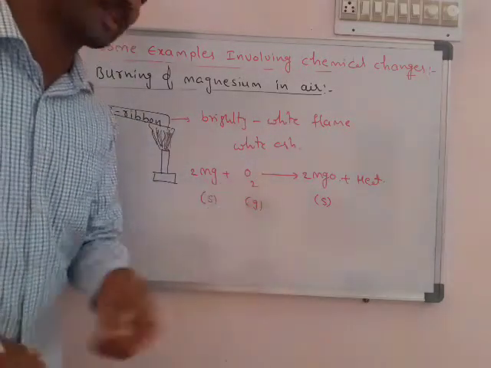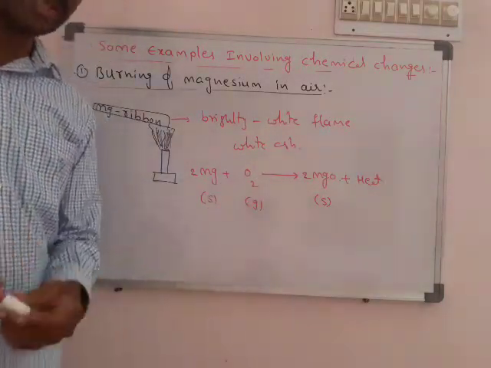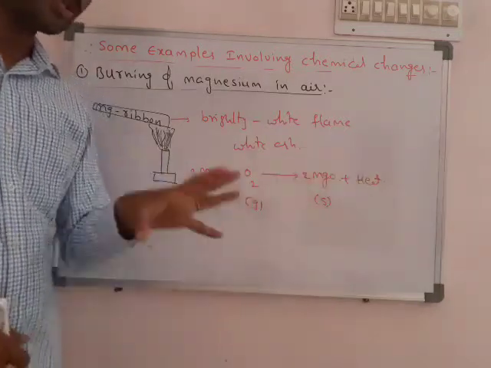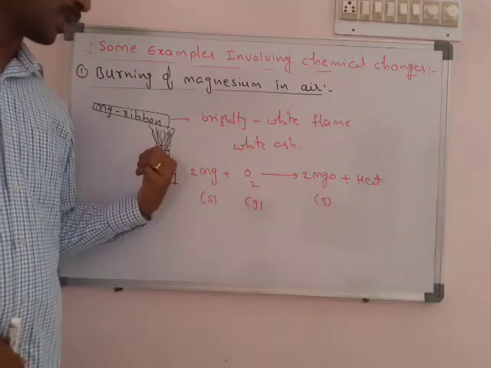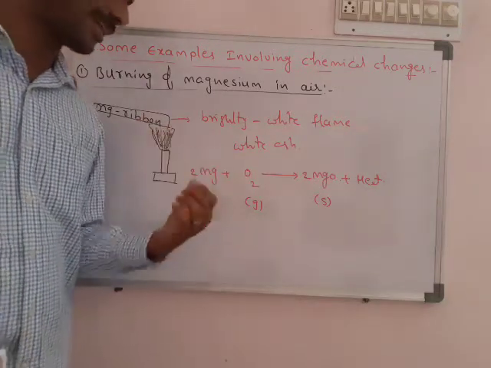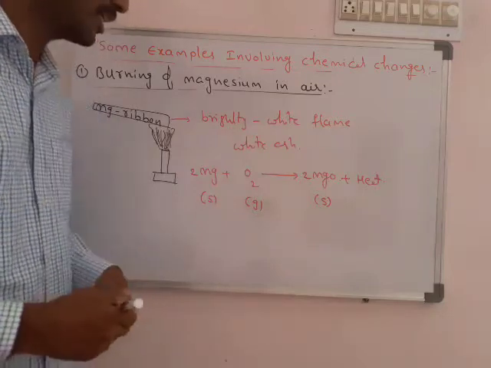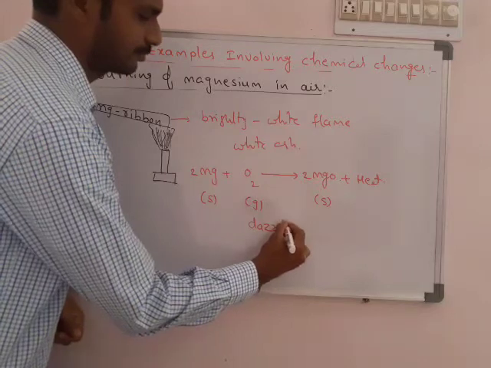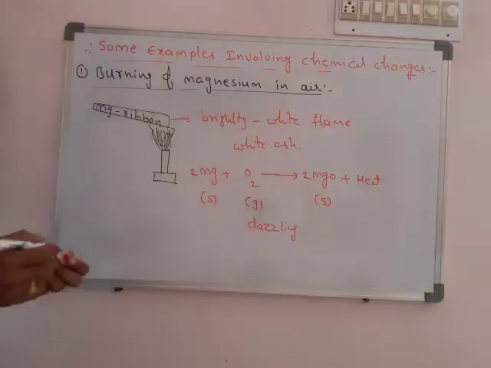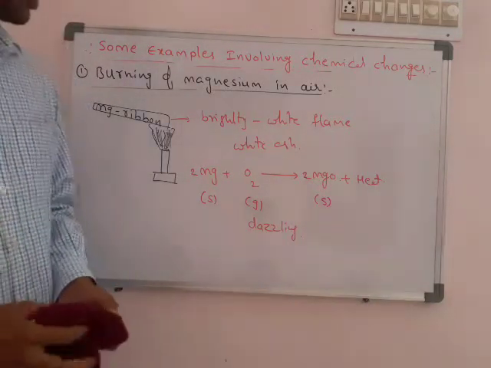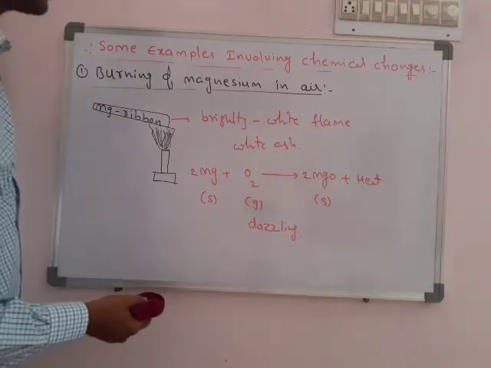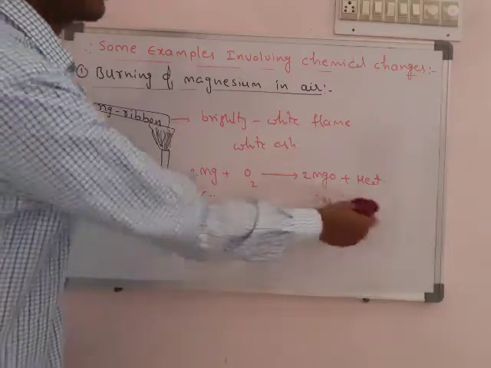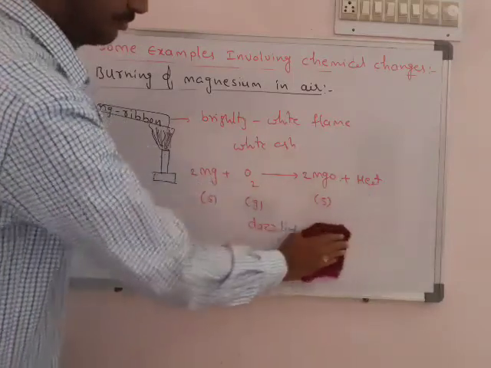Which type of reaction is it? It is an exothermic reaction because heat is liberated. This reaction starts on burning, and after burning there is a dazzling light. Brightly here means a very dazzling light. So the burning of magnesium in air is a chemical change forming a new compound, magnesium oxide, and releasing heat.